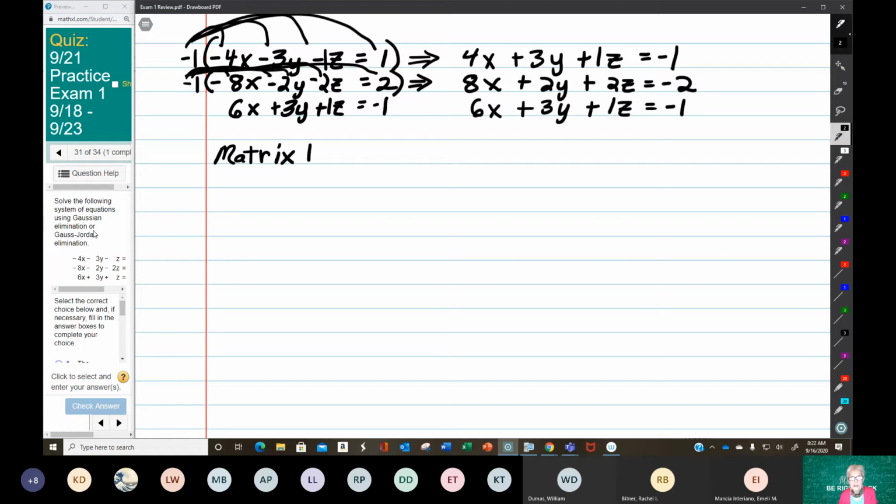You never have to use Gauss-Jordan. I think it's too hard for beginners. You can give it a try. I think you should use Gaussian, which is what we've been using, until you get really good at it. And if you go on to finite math, you can start using Gauss-Jordan to your heart's content.